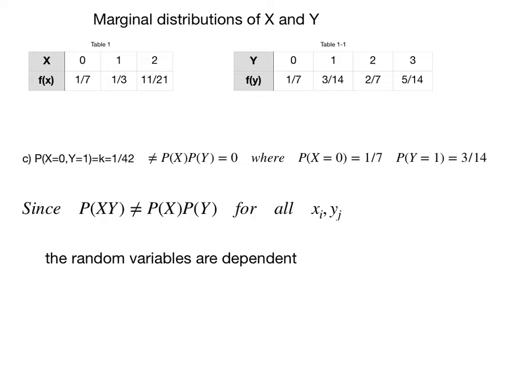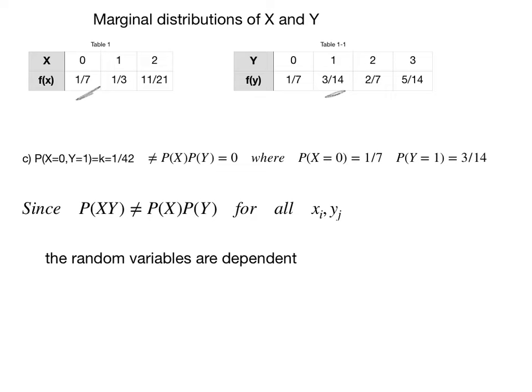Now to show the random variables are dependent, it is enough to show there is at least one value such that p of x y is not equal to p of x into p of y. Now consider p of x is equal to 0 and y is equal to 1. The value from the distribution table is k, and k is 1 by 42. Now consider p of x is equal to 0. From the marginal distribution table I have 1 by 7, and p of y is equal to 1, I have 3 by 14.